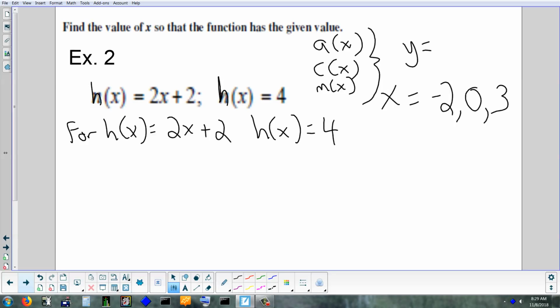So where that h of x is, we're going to evaluate, meaning that h of x is going to become 4. I know there's 2 letters there, and this is where some people get stuck, but the whole thing becomes 4. H of x equals 4.